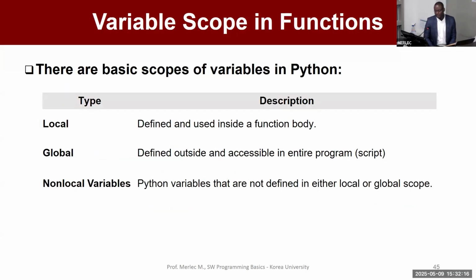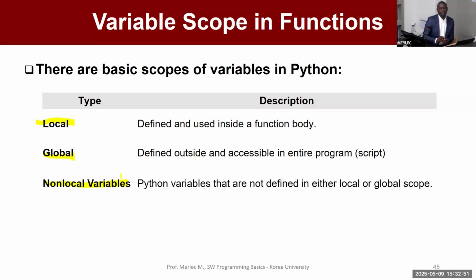We have in Python three basic scopes of variable. The first one is the local variable, then the global variable, and the other one is the non-local variable. The local variable is defined inside the body of a function.